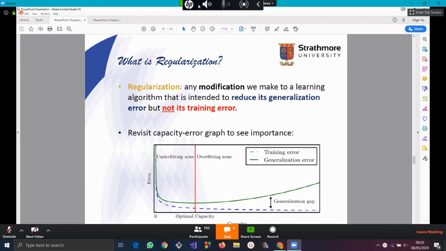Yes, I want this to reduce, but at the same time, I want this also to reduce. So if I can reduce this, I think this is blue, and maintain this one, then that is the golden kind of thing.